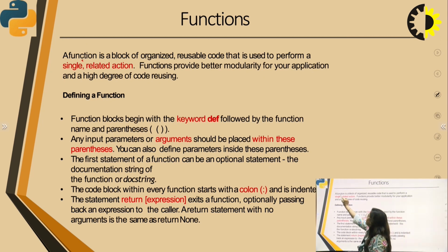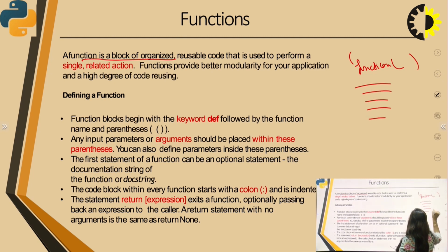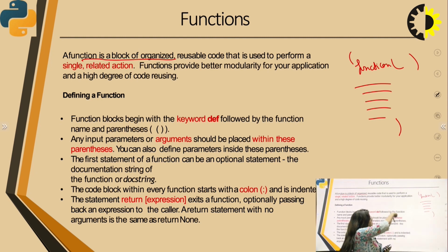Means a function is a block of code with some lines, and this function code is used in your whole program again and again. Then just call this function and use this code in your whole program. So it is a reusable code, not time consuming. That's why we use a function.